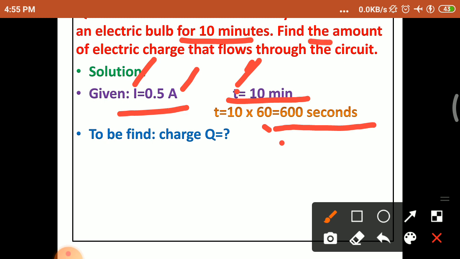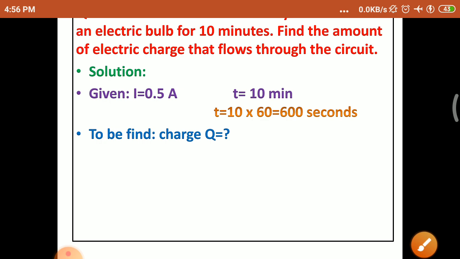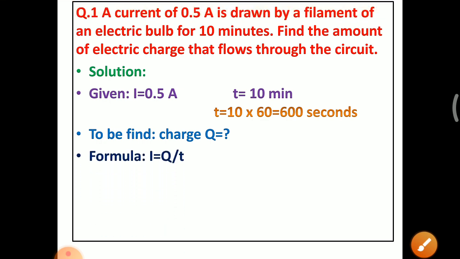Then here, find the amount of electric charge that flows through the circuit. So to find the charge Q, you know the formula I equal to Q by T. From this we can write Q equal to I into T. The value of I is 0.5 ampere. The value of T is 600 seconds.